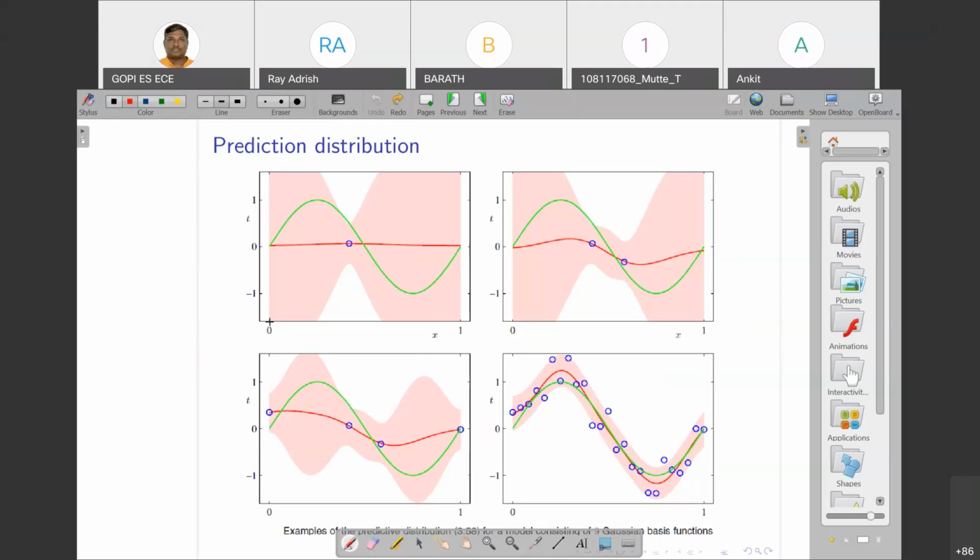And for every value of x, you are having that guess, phi of x transpose m.